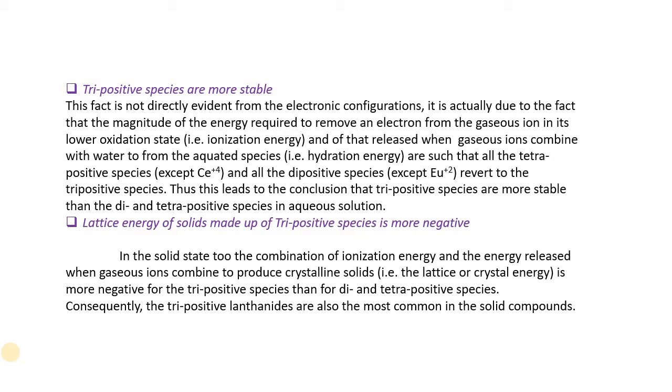All lanthanides with +4 and +2 oxidation states revert back to tripositive ions in solutions except cerium and europium. This leads to the conclusion that tripositive species are more stable as compared to the di and tetrapositive species in aqueous solution.